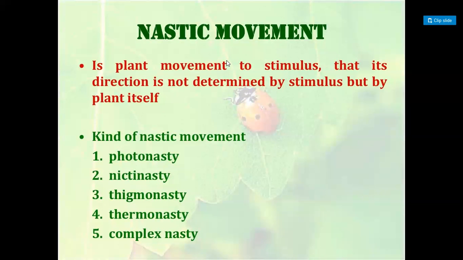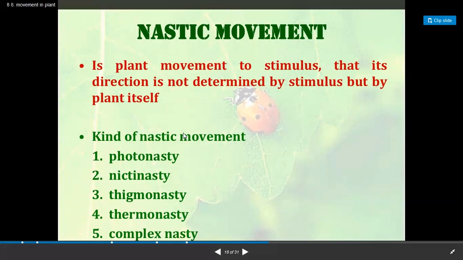Next one, nastic movement. It is a plant movement in response to a stimulus, where the direction is not determined by the stimulus but by the plant itself. The kinds of nastic movement are photonasty, nyctinasty, thigmonasty, thermonasty, and complex nasty.